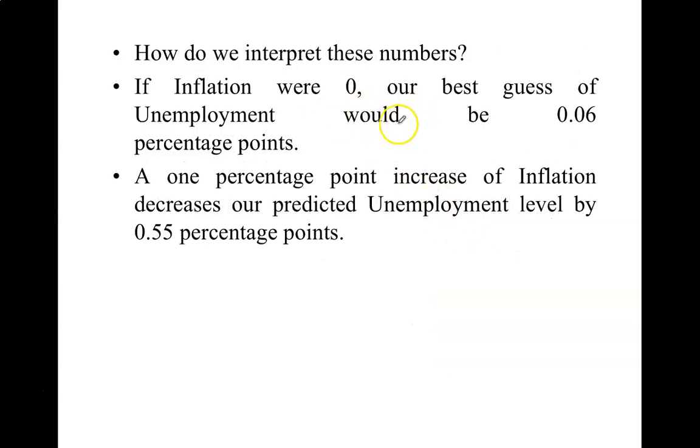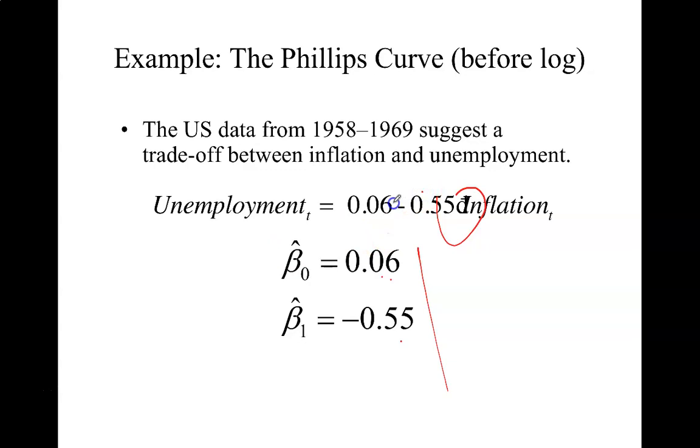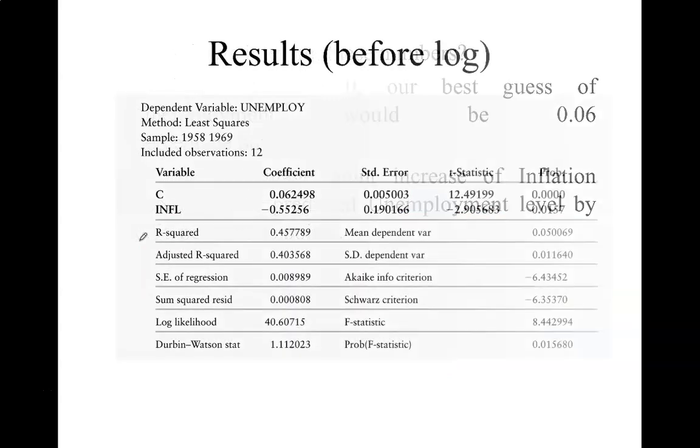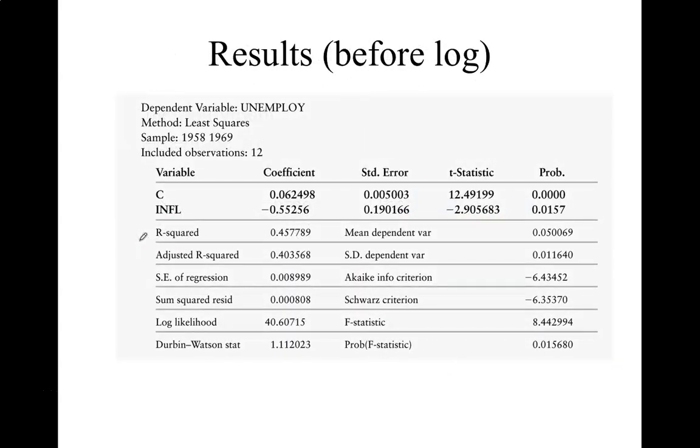This is what you interpret in the linear model: a 1 percentage point increase in inflation decreases the unemployment level by 0.55. Sorry, 0.55 here. Negative relationship, right? Because normally Phillips curves have a negative relationship. So that is the result before the logarithm, and it is almost similar to what you will see in EViews' program.